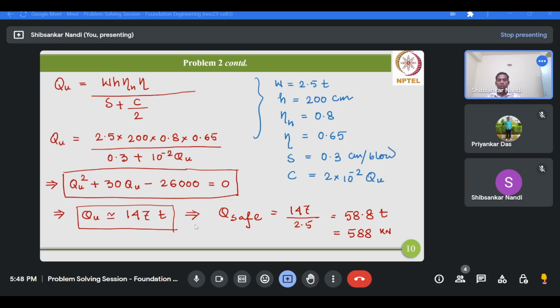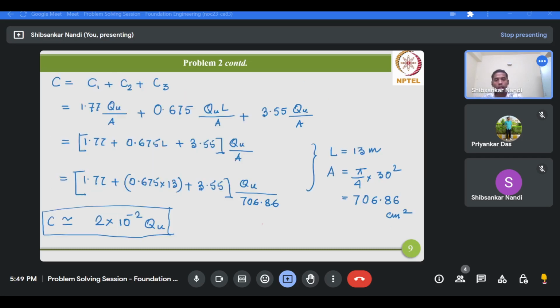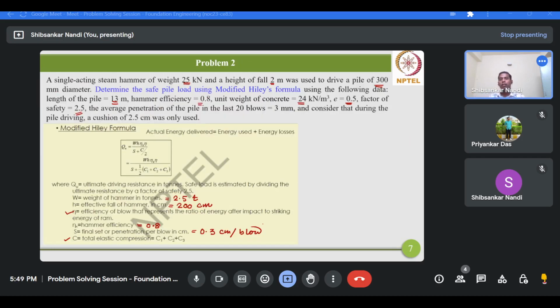Please keep in mind, after getting the QU value, you have to divide this value by the recommended factor of safety to get the safe pile resistance or the safe load carrying capacity of the pile. Okay, so in this way we can implement the dynamic pile load formula, obviously the modified Hiley formula, to calculate the safe pile load.